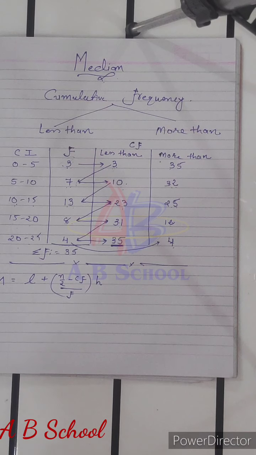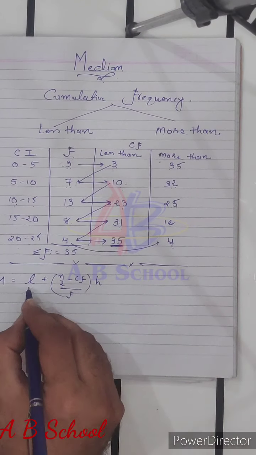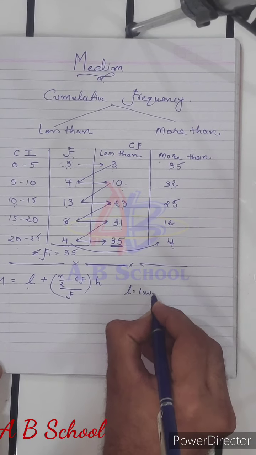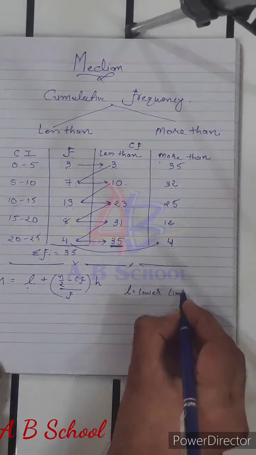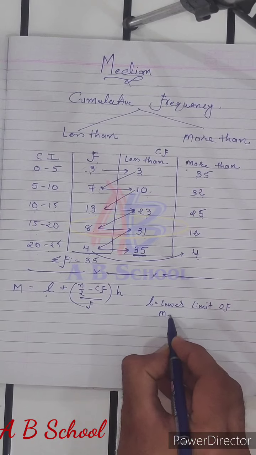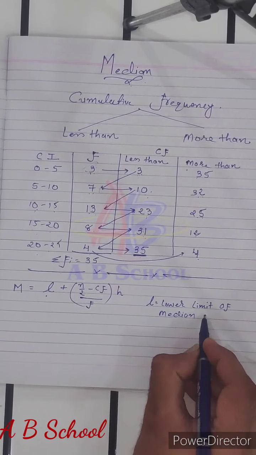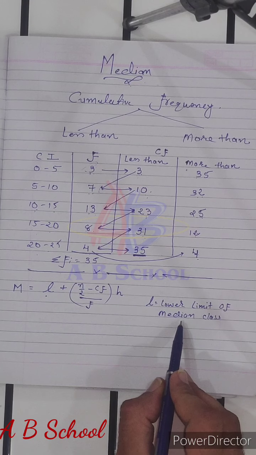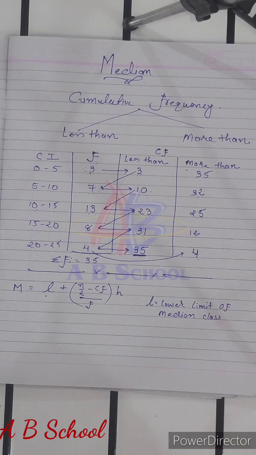This is the formula for finding the median. Now, L is the lower limit of the median class. We will understand the median class when we see some examples.